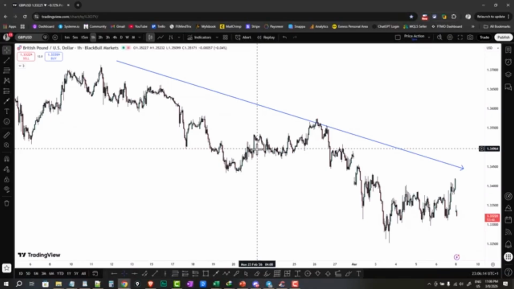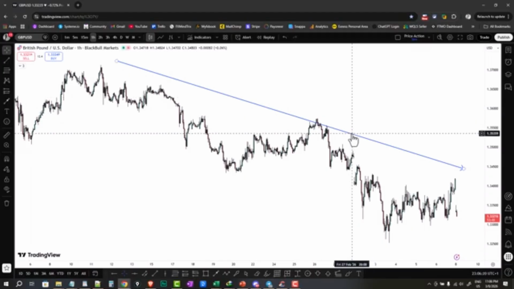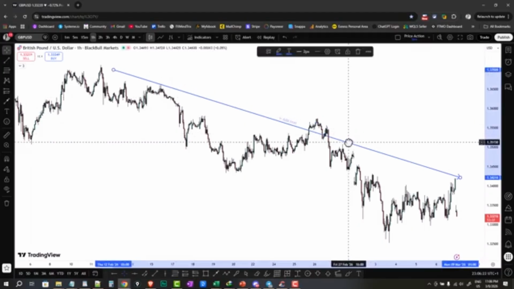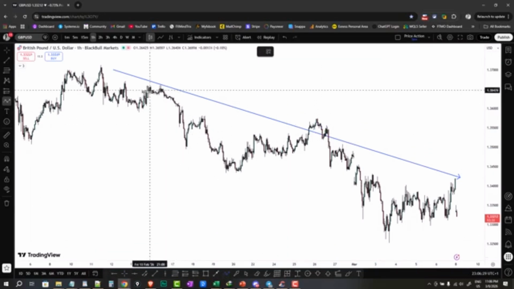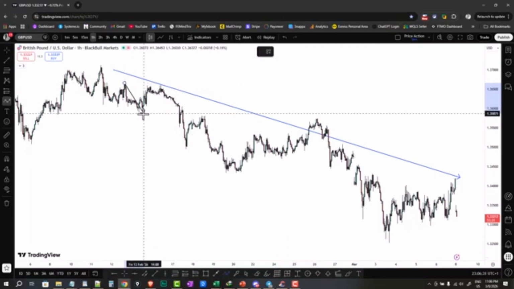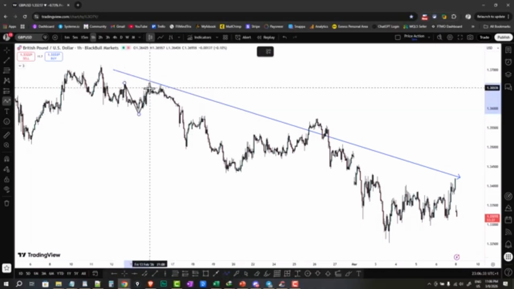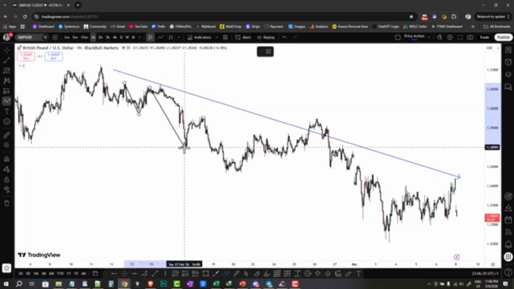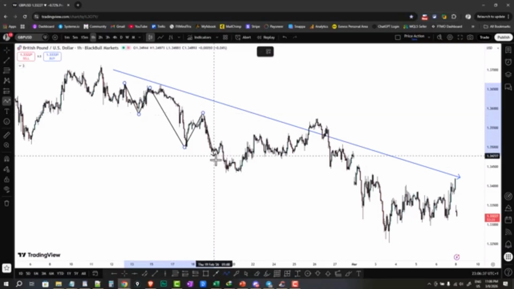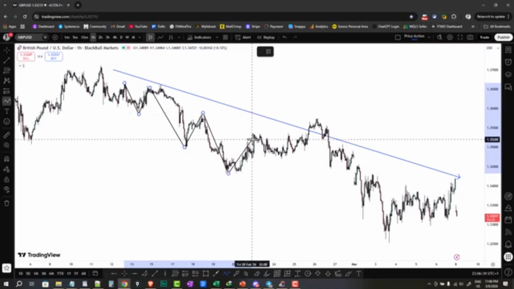It's going to follow the unspoken laws of market structure, which in this case, since it's a downtrending market, means forming lower lows and lower highs.